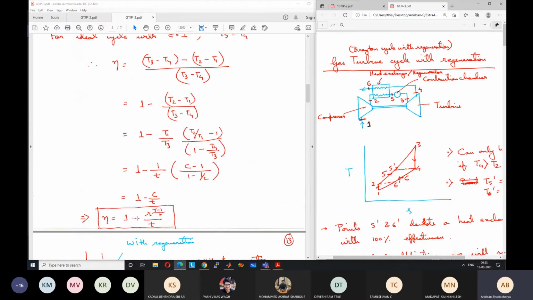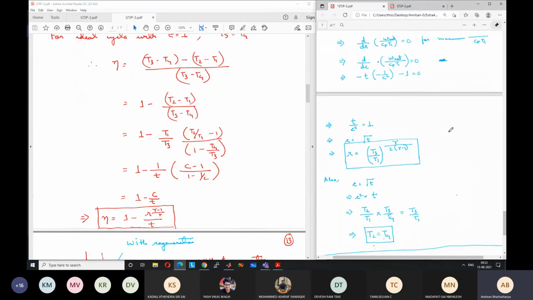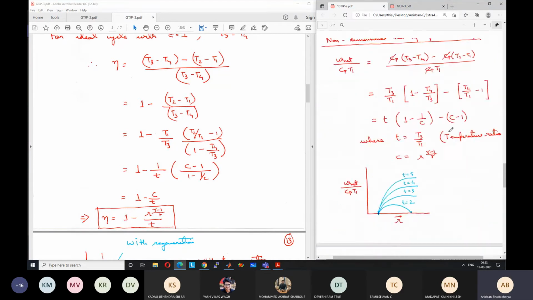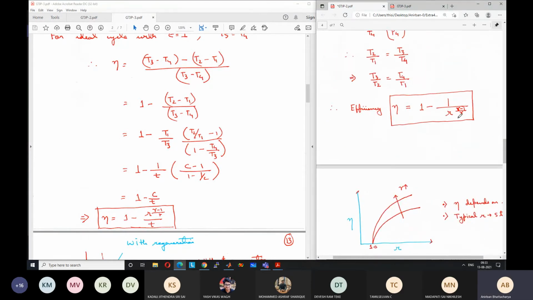So here you can see that one first distinction is that in the expression, T also comes into the picture, unlike the Brayton cycle. What was the expression for the Brayton cycle? The expression for the Brayton cycle only had R, right? Only had R: 1 minus 1 by R to the power (gamma minus 1) by gamma. There was no T there. But now for regeneration, T is also important.